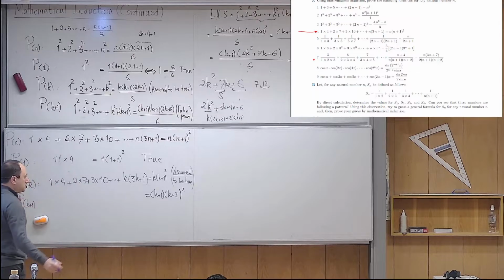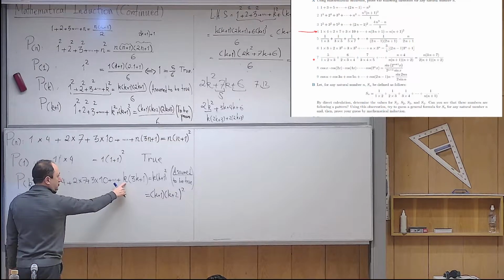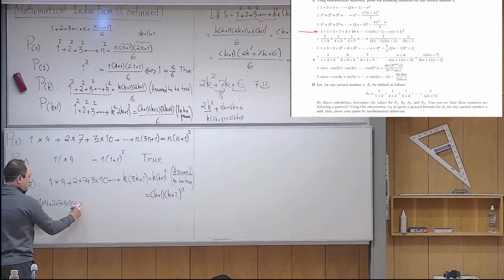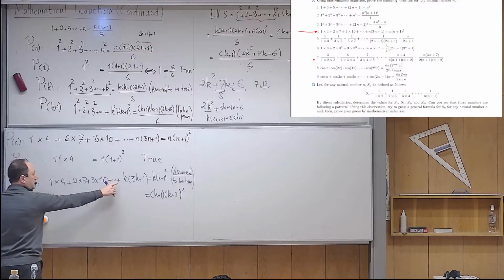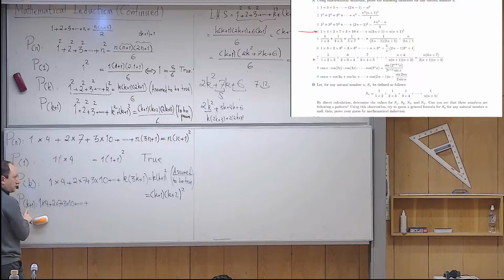The left-hand side is also simple. I want to do the same thing. I want to replace k with k plus 1. So let me write here 1 times 4 plus 2 times 7 plus 3 times 10. I continue this list until here I stop at the kth level, but here I have to continue until I reach the k plus first level, and then I stop.